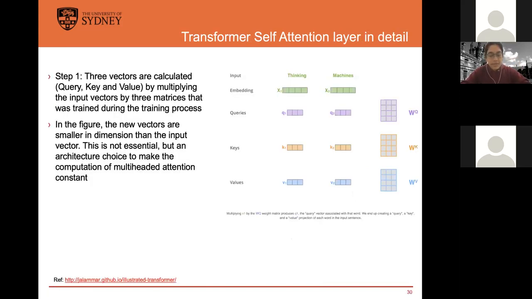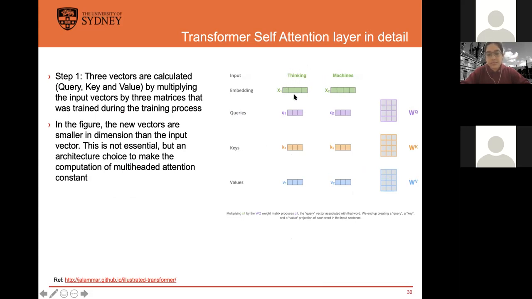In the transformer, we use this self-attention concept in the first layer, which is known as the multi-headed attention layer. I'll go to the multi-headed section a bit later, but this is how it is done for the self-attention layer. For example, you have two words in a sequence.